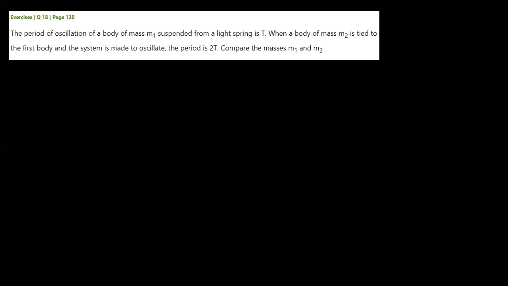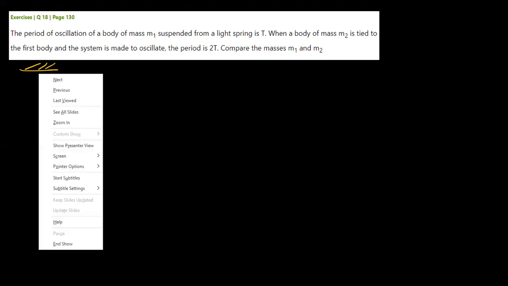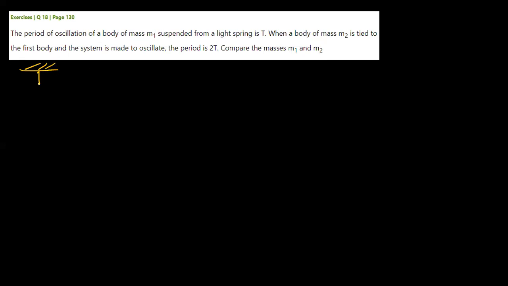Next. The period of oscillation of a body of mass m1, suspended from a light spring, is T. So let us consider a block of mass m1 which is suspended from a spring. Suppose time is t.